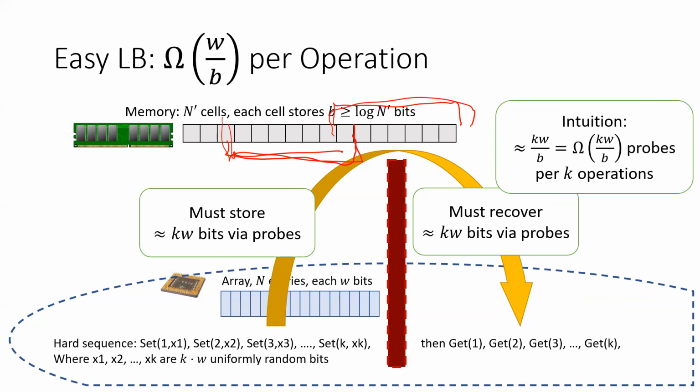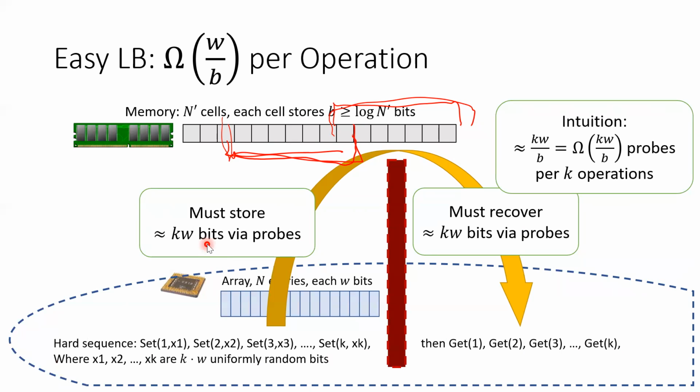Whatever the non-overlapping memory cells are, they cannot transfer anything, right? Because the algorithm just touched them and never touched them later in the get queries. So only these overlapping cells can transfer between the sets and the gets. So these sets must be large enough to store this random string.